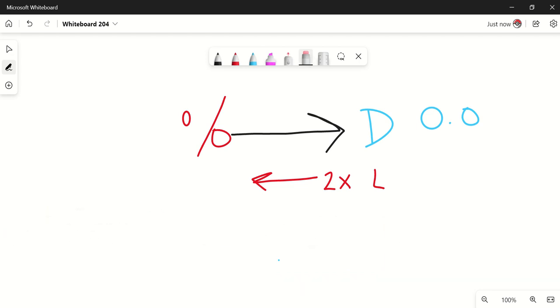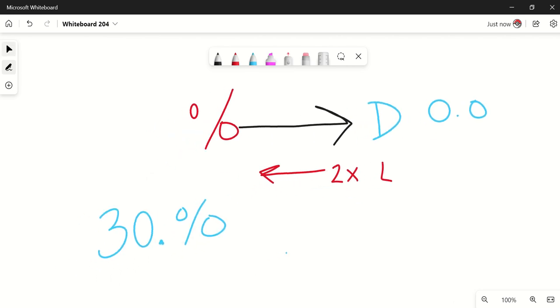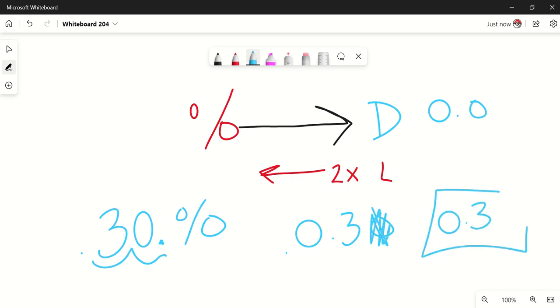Now, let me take a different approach. Let's do something a little easier, something that we've been working with. Let's say 30%. I want to change 30% to a decimal. There is no decimal here, so we automatically put it at the end. Therefore, 30% will jump twice, which will give me 0.30, but of course the 0 at the end just fades away, so it'd be 0.3 as a decimal. We've talked about this.